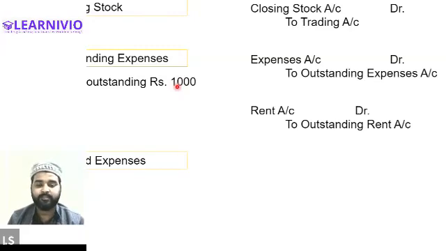So expense that is paid in advance is our asset. Just like outstanding expenses are a liability, similarly prepaid expenses or expenses paid in advance are our asset. Getting my point?